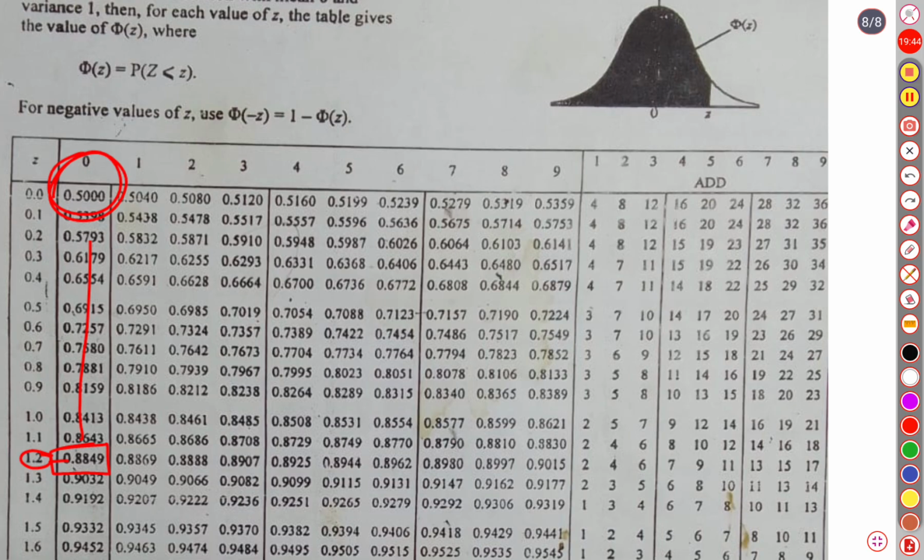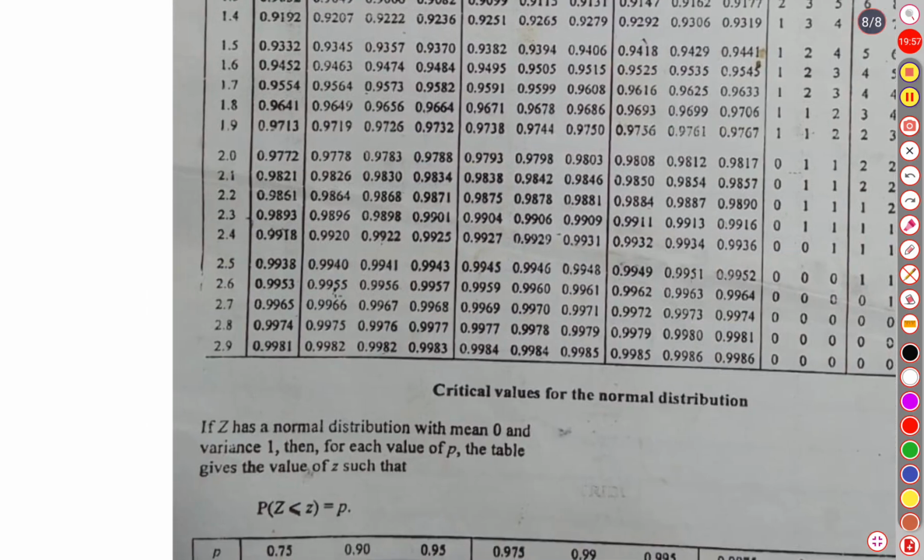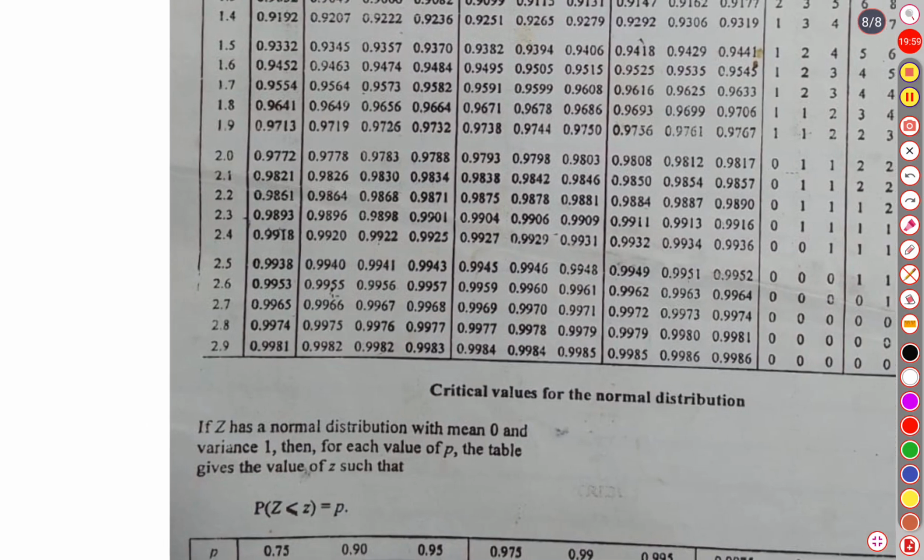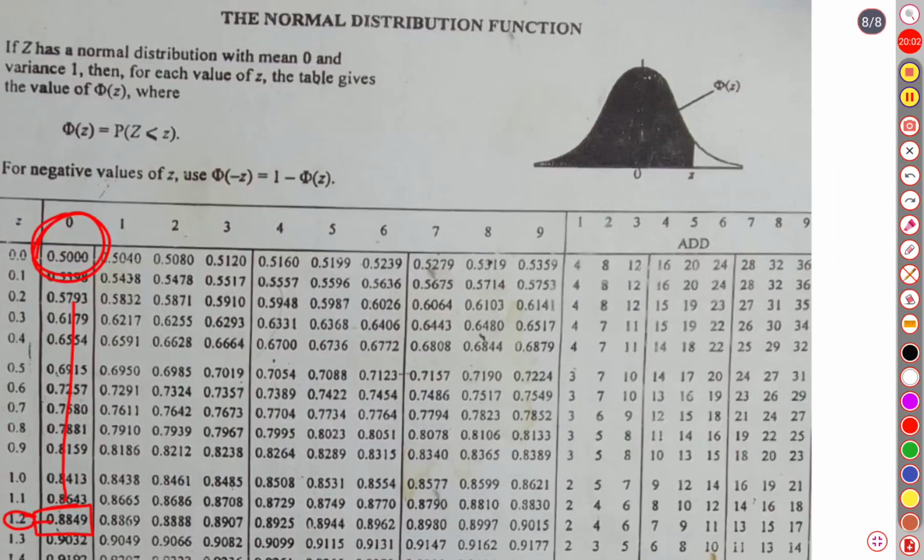Now let's see what the corresponding value is. We actually require the z score, not the probability. So for the z score, we will have to take one more worksheet. Let me see, does it have the lower part? The lower part is not clear over here. I am going to show you from the next image.